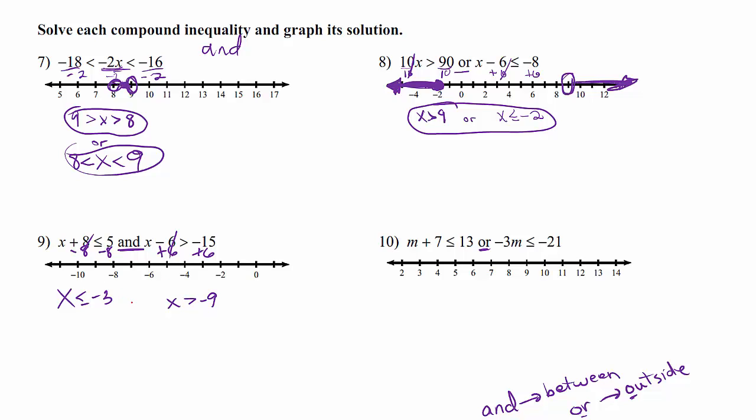So x is less than or equal to -3 and x is greater than -9. So that means that we're shading between -3 and -9. -9 is an open circle, -3 is a filled in circle, shade between.